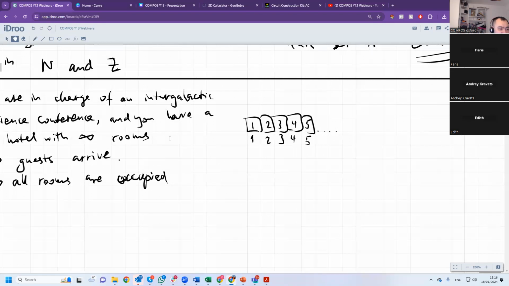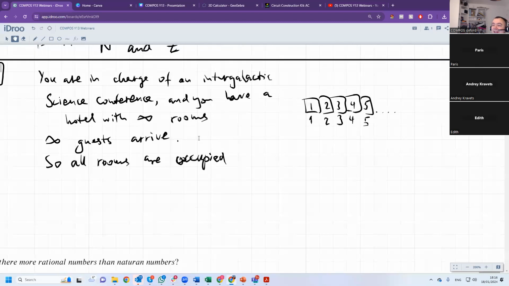You have infinity rooms, and all of them are occupied. Where do you put the extra person?